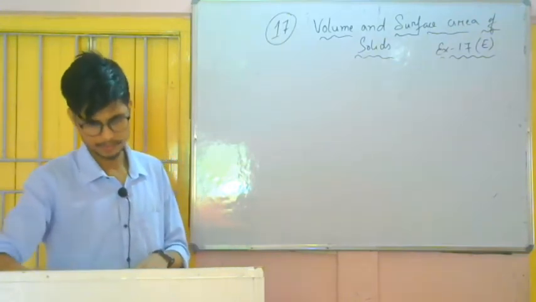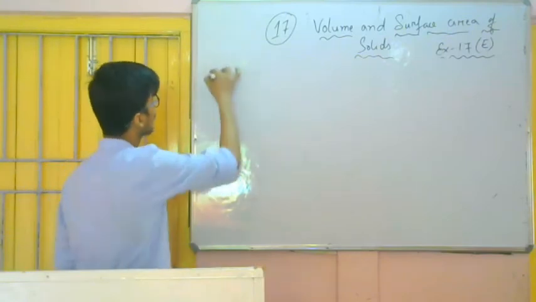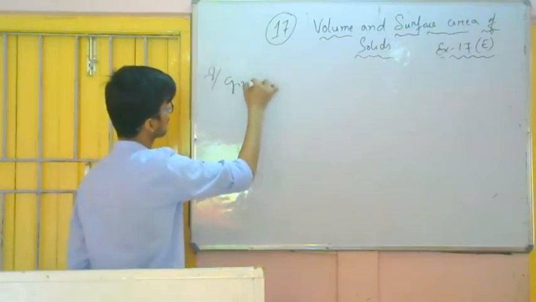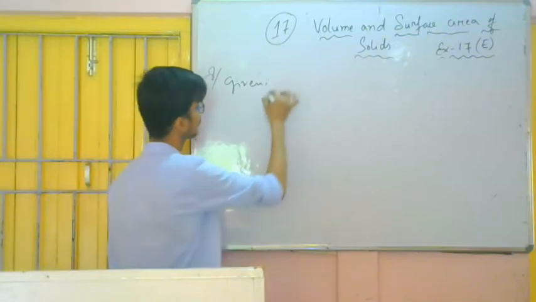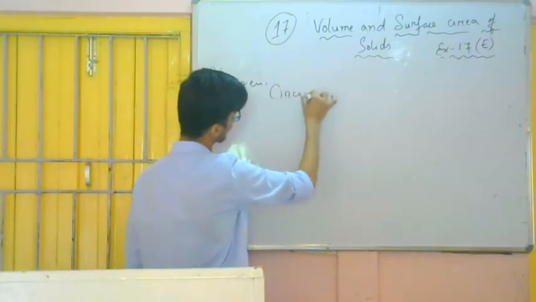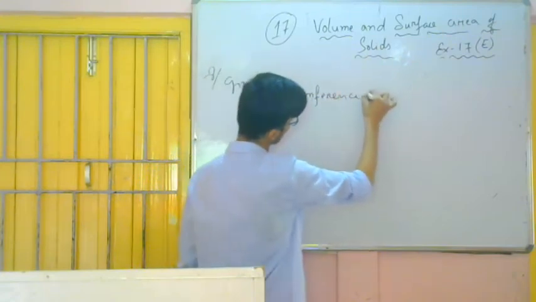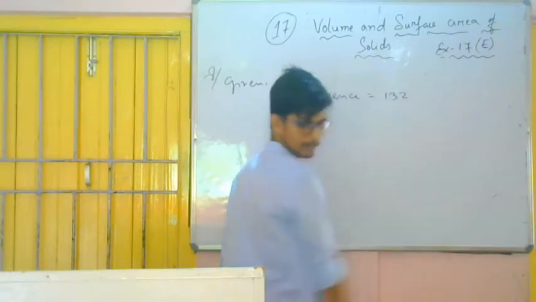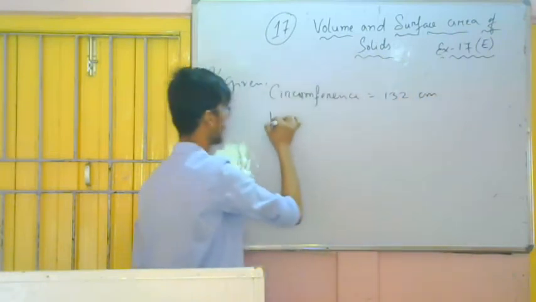Question number 8. Given circumference is 132, unit is centimeter.